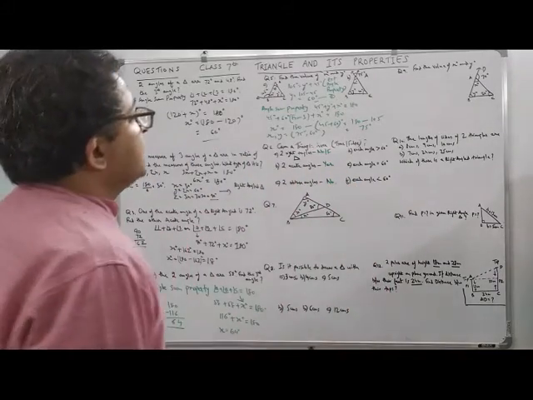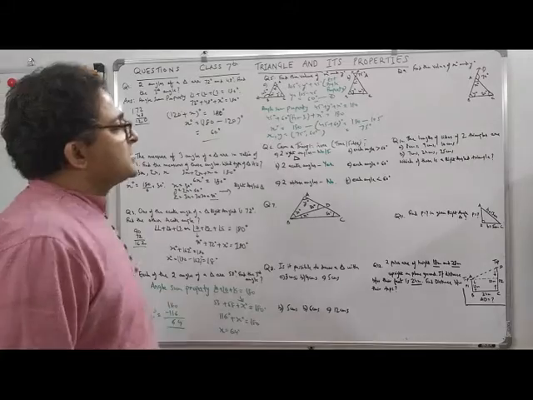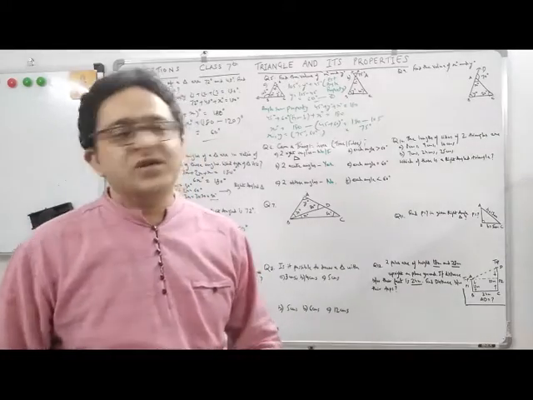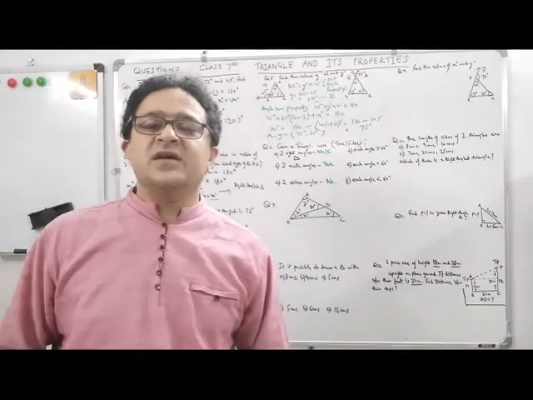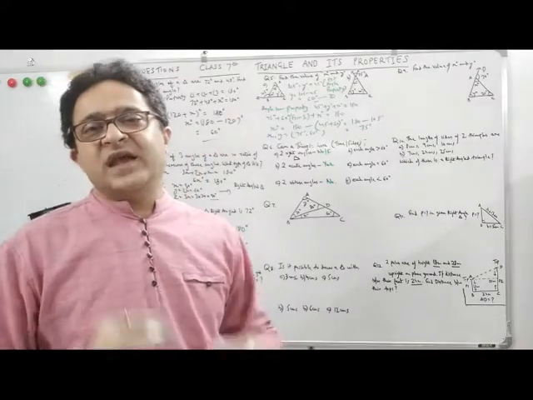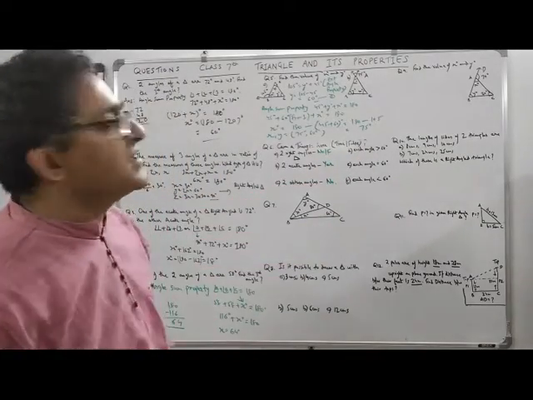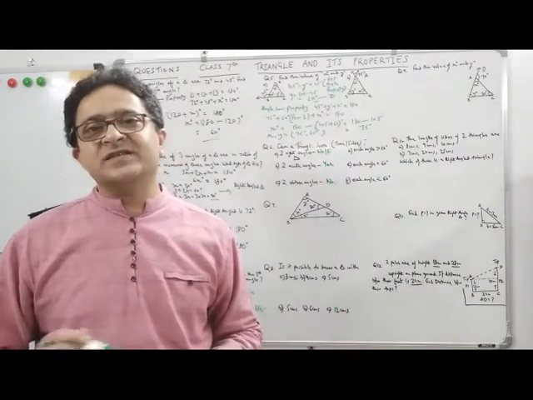Now what about each angle greater than 60 degrees? Okay, let's see. 61, 61, 61. Is that more than 180? Yes. Each angle cannot be greater than 60. Two angles can be 61, 61, but they are asking each angle greater than 60, so the third angle cannot be taken. It will be less than 60.